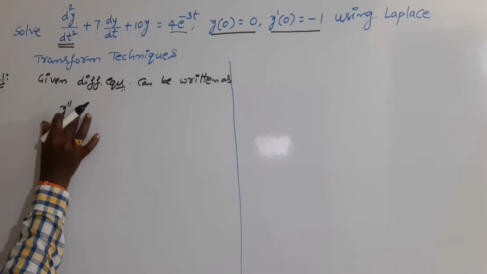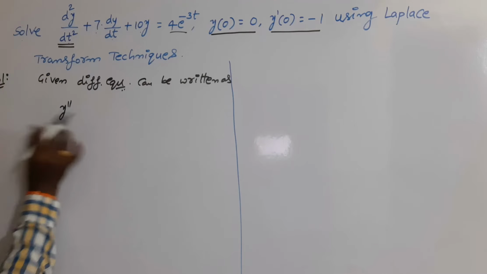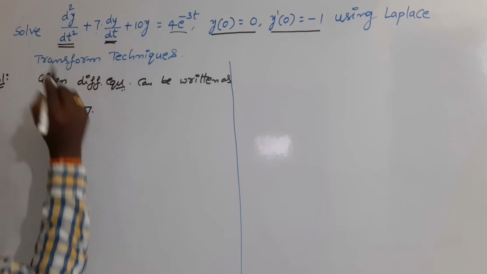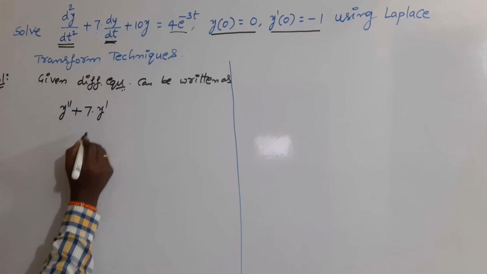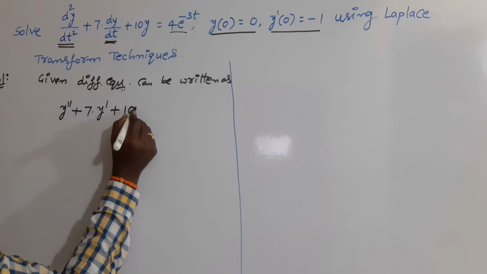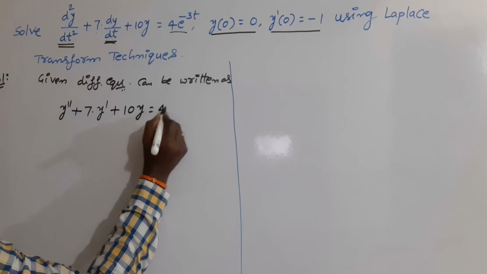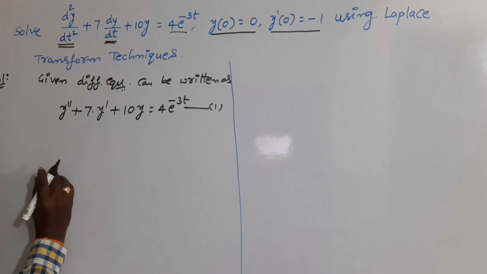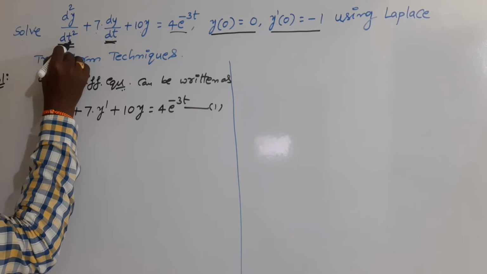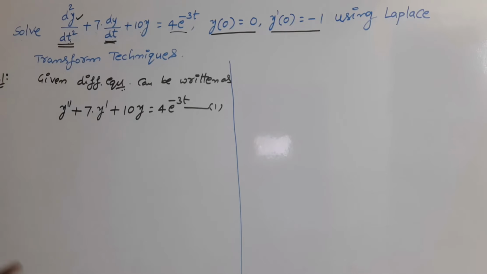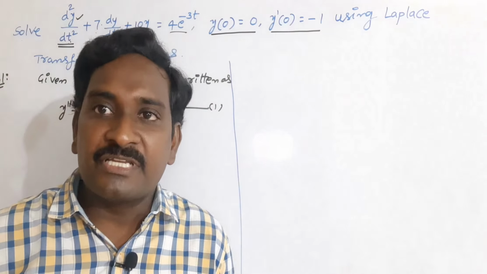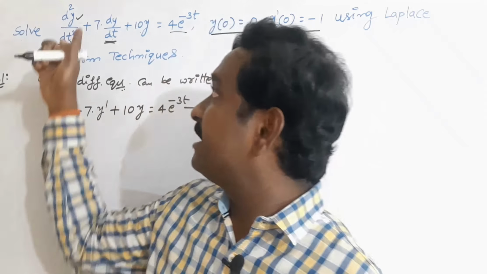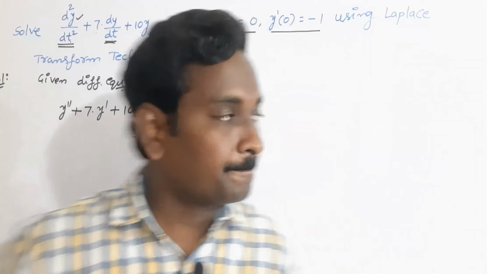That's why I am expressing the second order derivative as y double dash, and the first derivative as y dash. Don't forget one thing, here the independent variable is t, the dependent variable is y. Solving an ordinary differential equation is nothing but finding the solution for the dependent variable y.